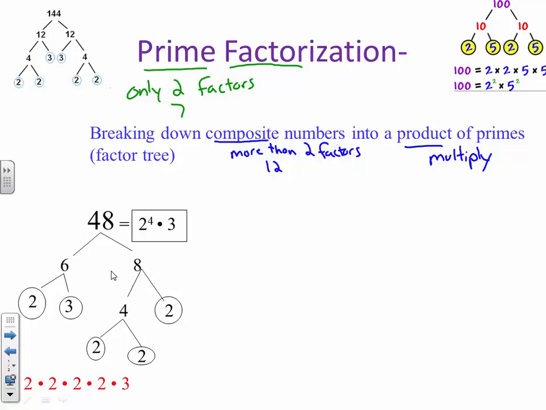There's many factors. You don't have to use 6 and 8, no matter how you do them, will get you to here. My advice would be, however, the closer that these two factors are together, the least amount of work you'll have to do. Hint, hint. So what I would like you to do is hit pause and do the prime factorization of 40. Go.